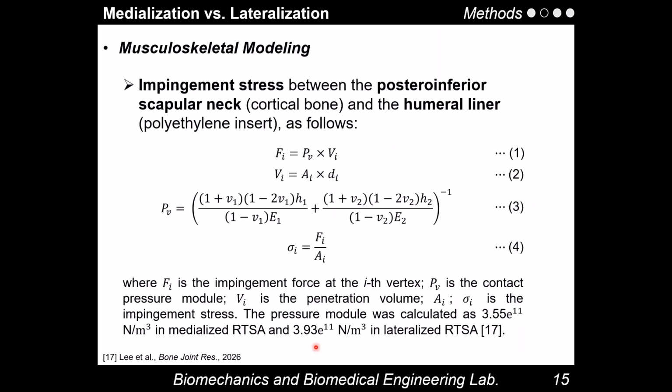For more detailed values of these FDK parameters, please refer to our study in Bone & Joint Research. Finally, using this method, we can calculate the impingement force and contact area. Thus, the impingement stress is obtained by dividing the force by the area, as shown in equation 4.